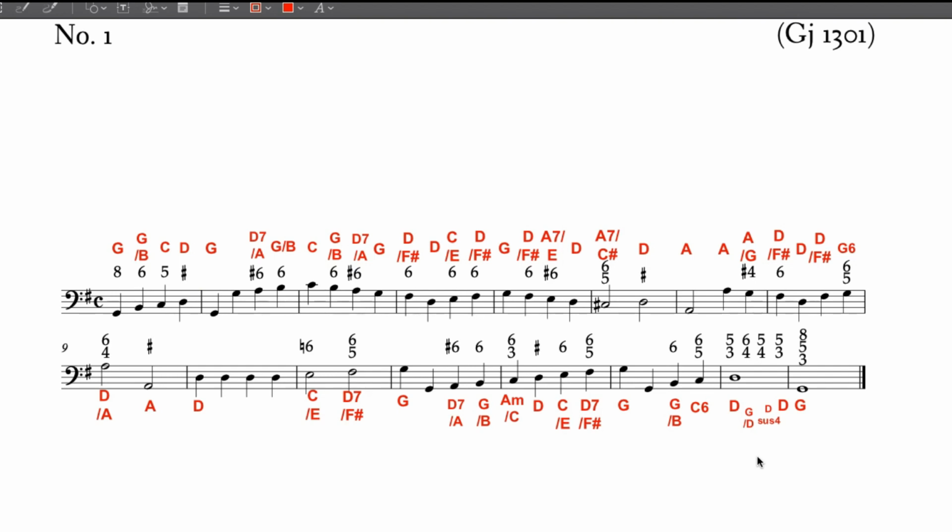And then boom. So you want to be careful about doubling the thirds on major chords generally. You don't want to have an F sharp on top there.